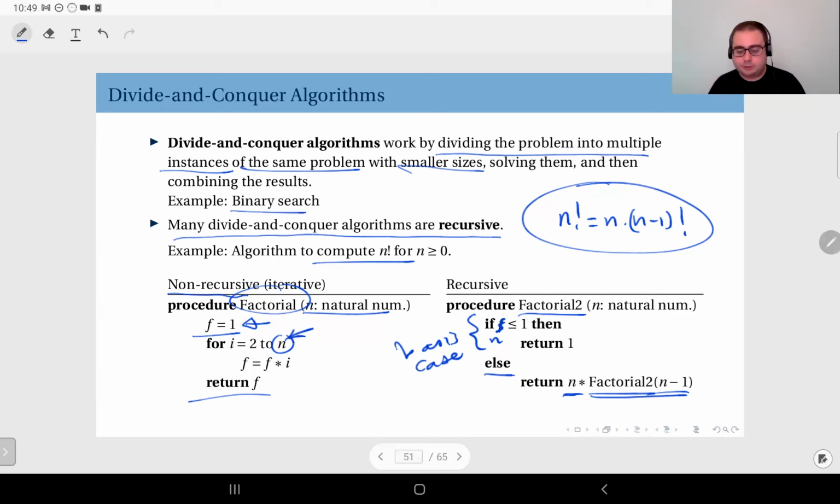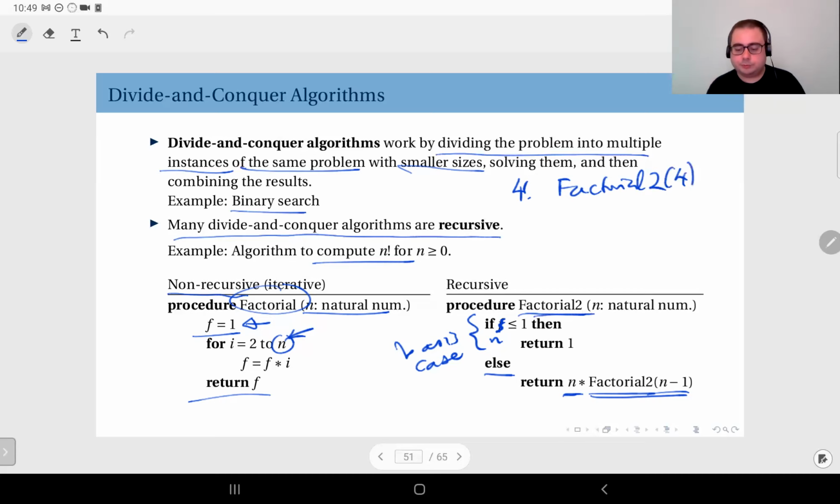In fact, you can actually follow the execution of this algorithm. Like, for instance, if you would like to compute 4 factorial, you would put in factorial 2, the name of the function, 4. So 4 is going to be the input value. And then the first thing you do is compare your input 4 to 1.